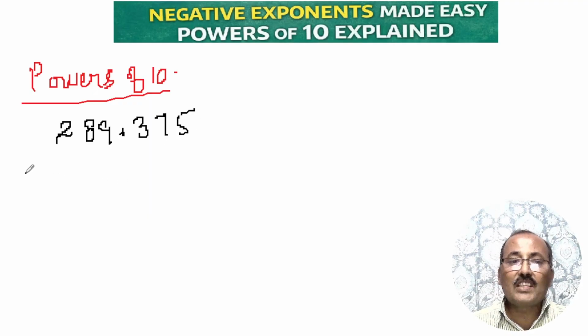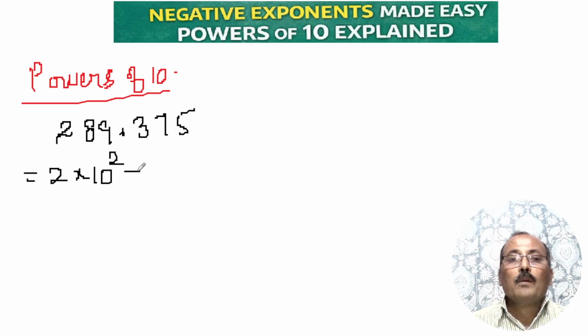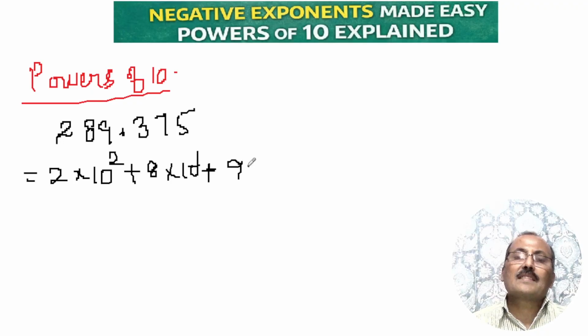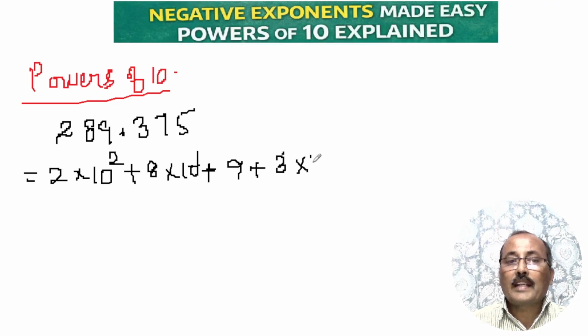Now, how to write this? 2 into 10 power 2, plus 8 into 10 power 1, plus simply 9. No need for 10 power 0, this is not in practice. If you want, you can write it. If not, leave it. The next one is 3 into 10 power minus 1.